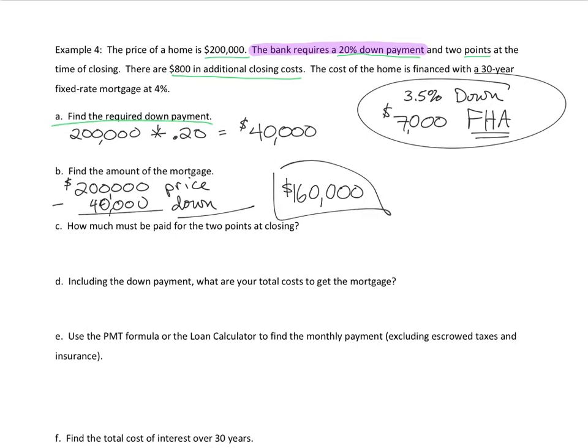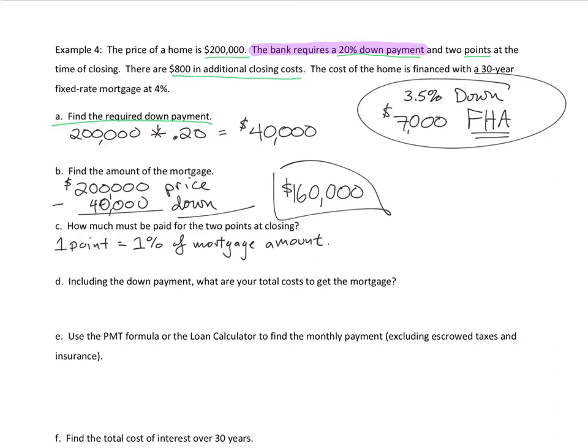The next question is, how much must be paid for the 2 points at closing? From the previous slide, you can remember that a point is equal to 1% of the mortgage amount. So since we will have 2 points, this will be 2% of the mortgage amount, not the price, not the $200,000, the mortgage amount.